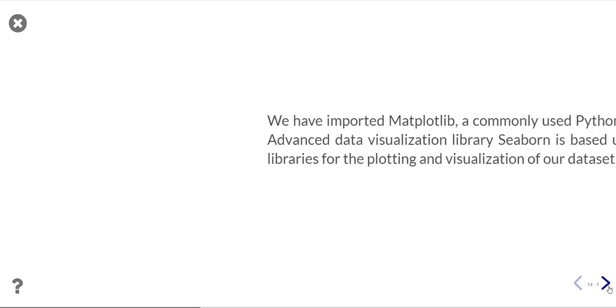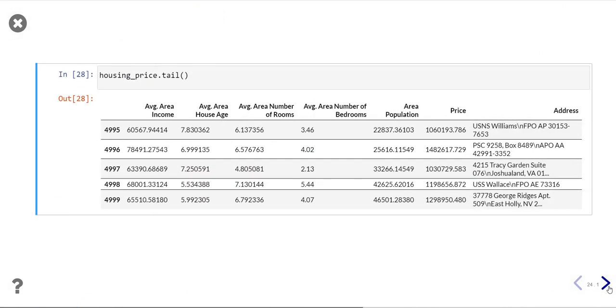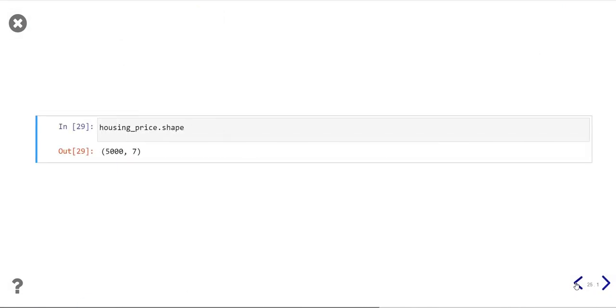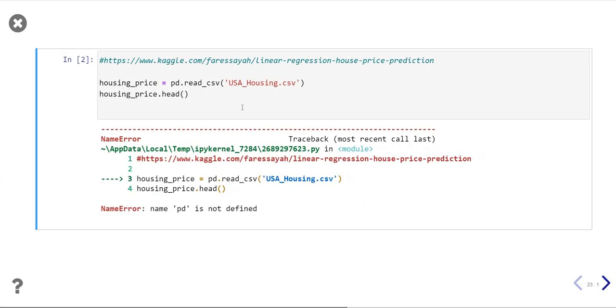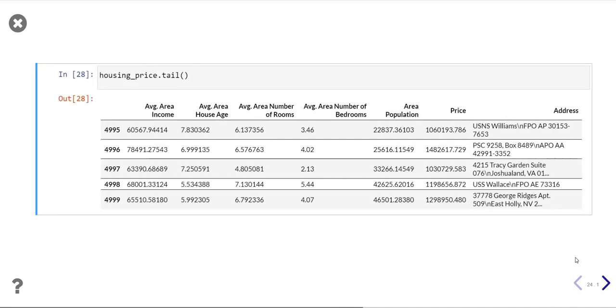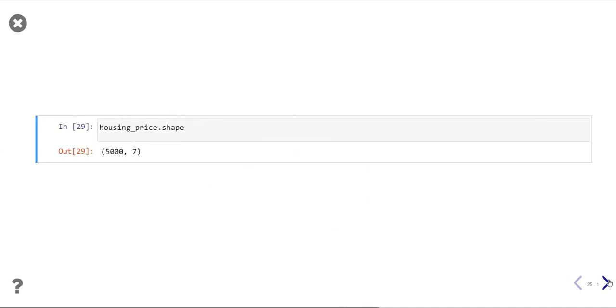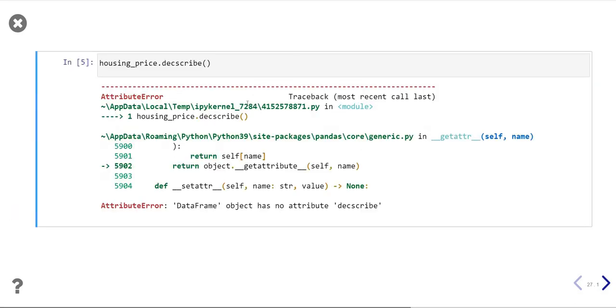Okay, so now I can run that one. I'm just reloading this. Shape on it, and describe. Oh, sorry, spelling mistake.